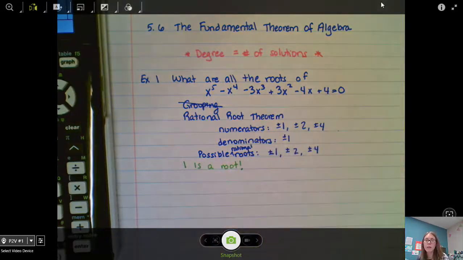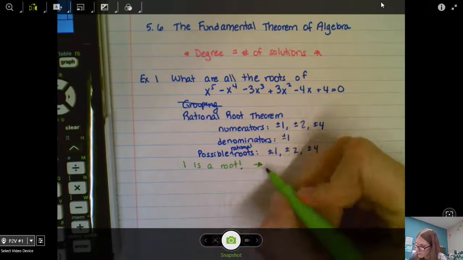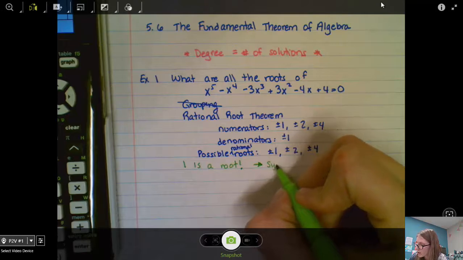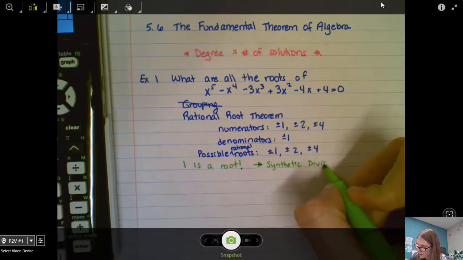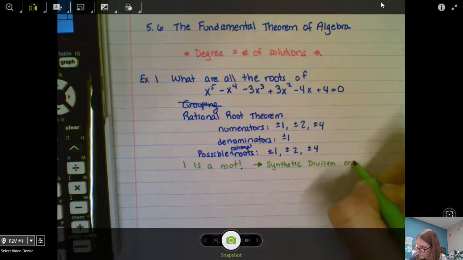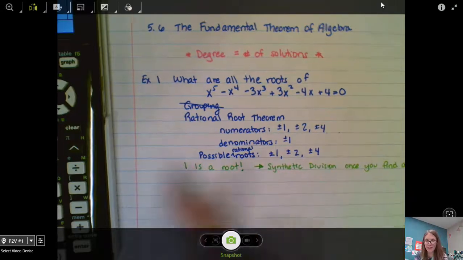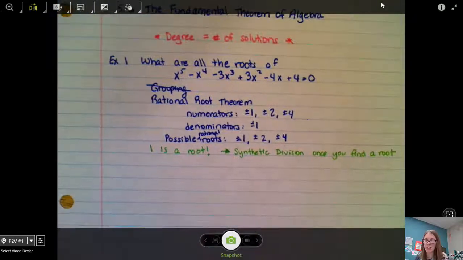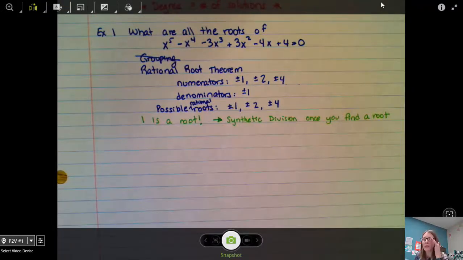As soon as we find one of our roots, use synthetic division. Hopefully, after we do our synthetic division, we'll be able to factor the rest of the way without having to check all of these rational roots, because maybe there are more, maybe there aren't.